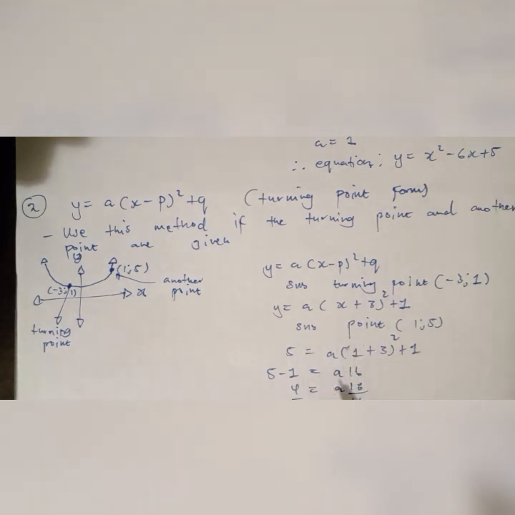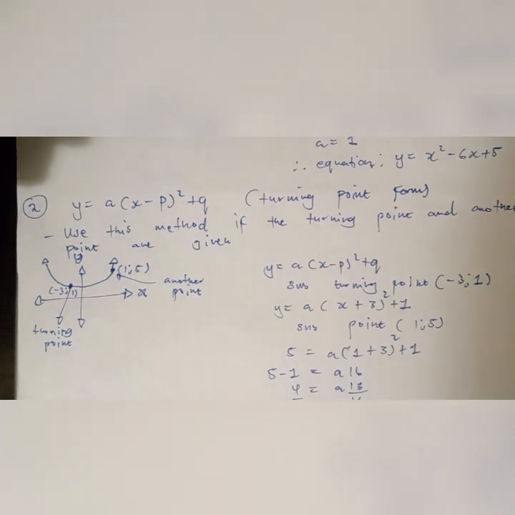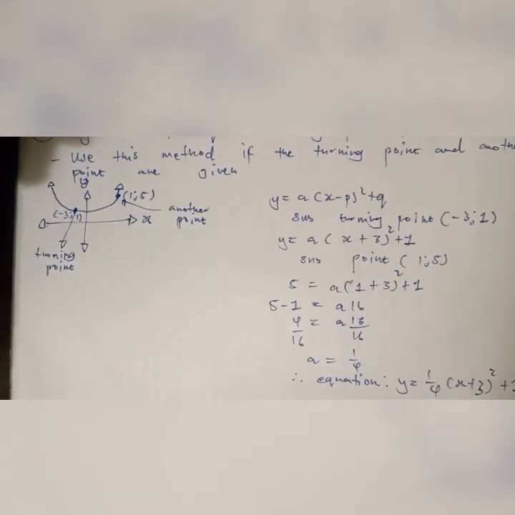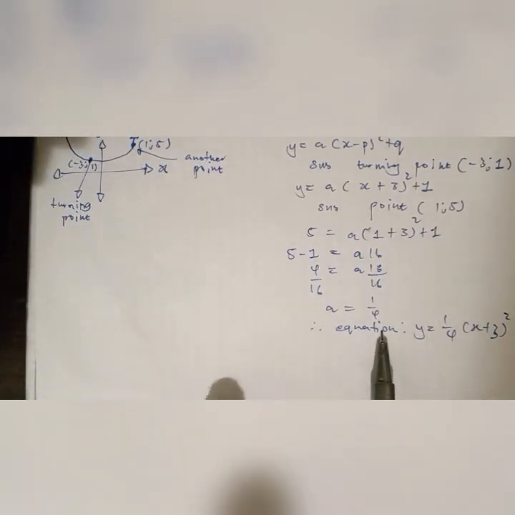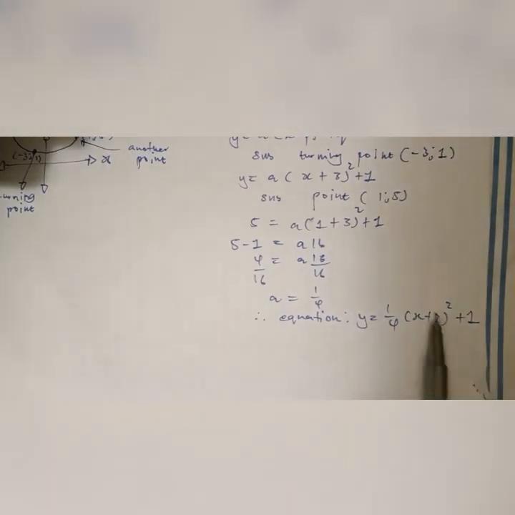Divide both sides by 16, and your a will be a quarter. Therefore your equation will be y is equal to a quarter (x plus 3) squared plus 1. And that is it for now.